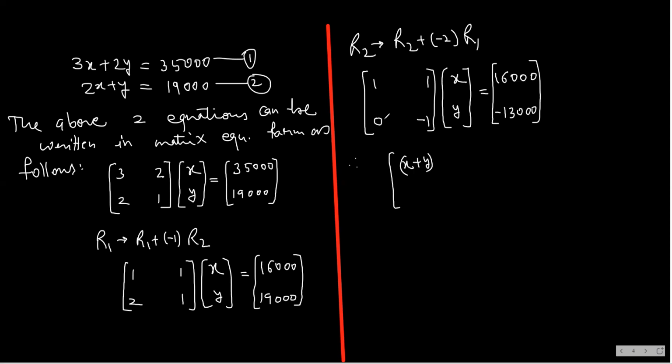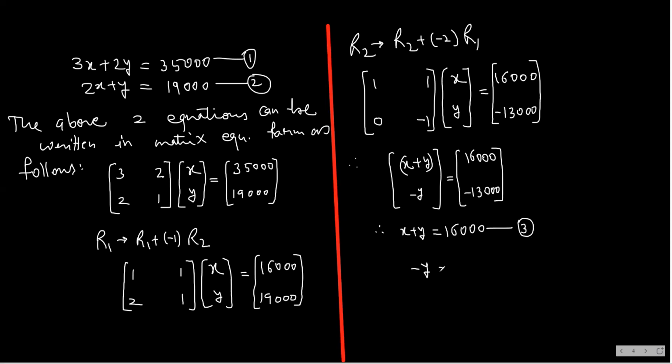So x plus y, and here 0 into x is 0, plus minus y is minus y, equals to, here you get 16,000 and minus 13,000. So therefore, x plus y is 16,000. This is equation number 3. Minus y is minus 13,000. Equation number 4.